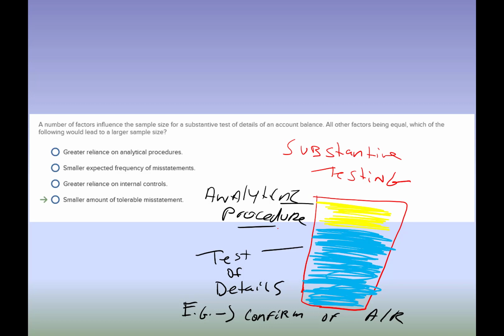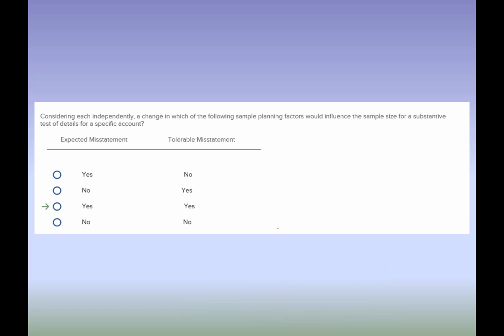Question. Considering each independently, a change in which of the following sampling planning factors would influence the sample size for substantive tests of details for a specific account? Both the expected misstatement and the tolerable misstatement had an impact.